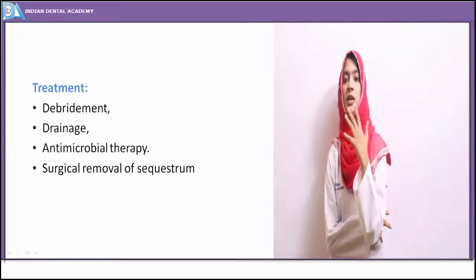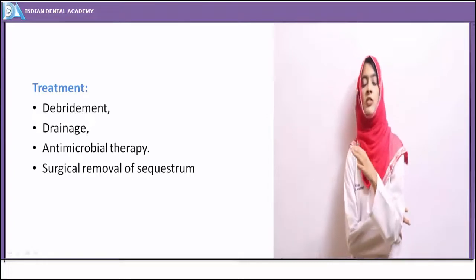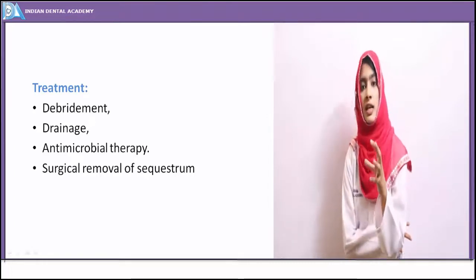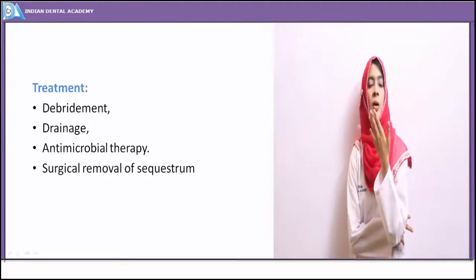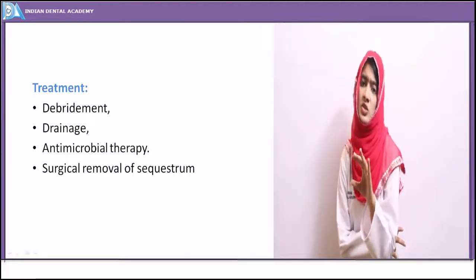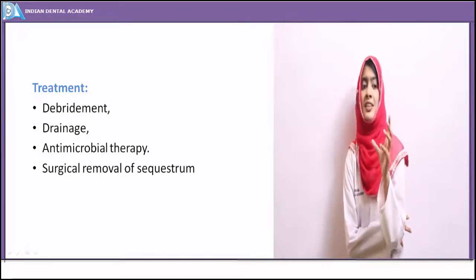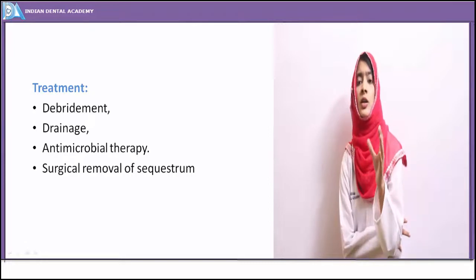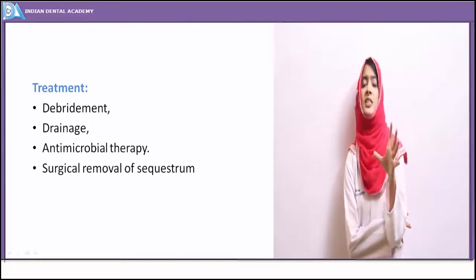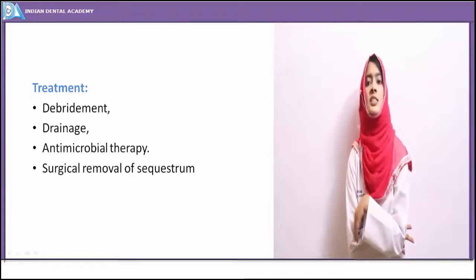Sequestrum is nothing but non-vital bone which has been separated out from the viable bone. This sequestrum may be formed in the jawbone, and sometimes it is very small, and it tends to exfoliate through the soft tissue. And sometimes if the sequestrum or the necrosed bone is relatively larger and is visible on the radiograph, you have to excise it surgically.